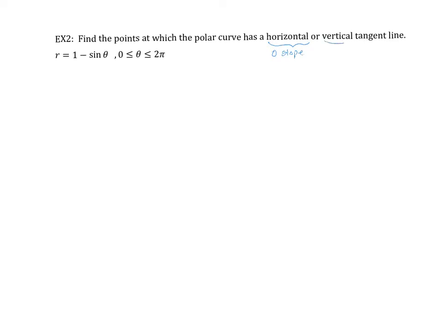If we have a vertical tangent line, that means we have an undefined slope. What I'm going to do is I'm going to compute the derivative, and then I'm going to look where we're going to get a fraction, right? And fractions are 0 where the numerator is 0, but the denominator is not 0. So first I'm going to compute the derivative.